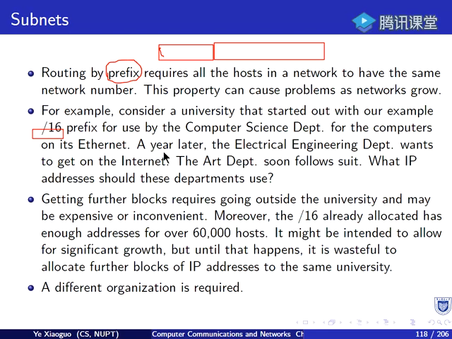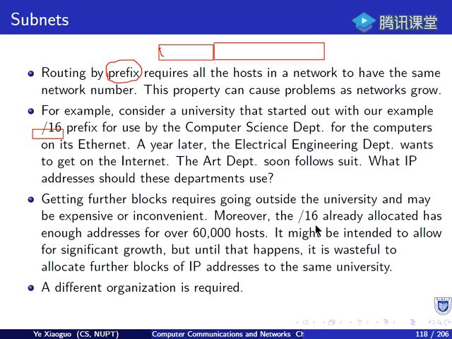A year later, the electrical engineering department wants to get on the internet. The art department soon follows suit. What IP addresses would these departments use? Getting further blocks requires going outside the university and may be expensive or inconvenient.